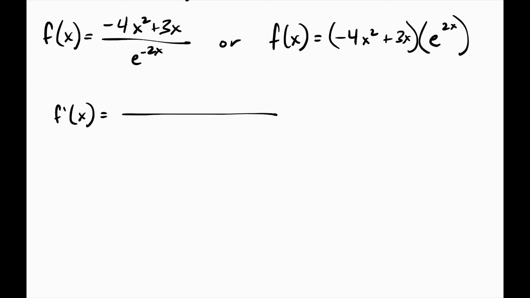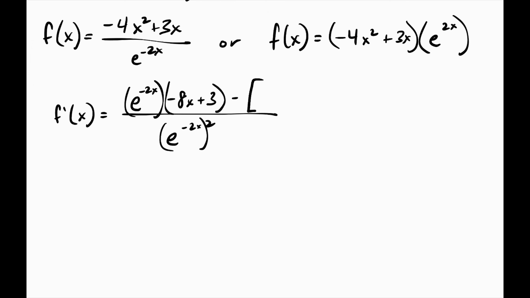Okay. Bottom squared. Okay. Low times the derivative of the high, which is -8x plus 3. High, times D low.